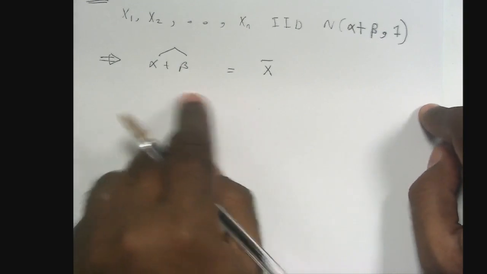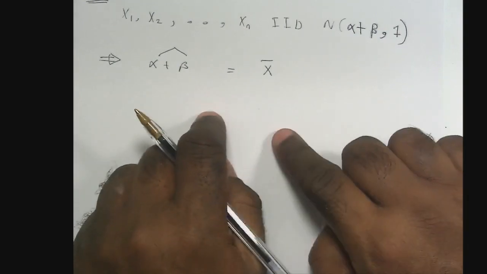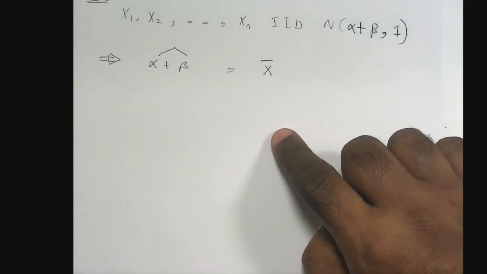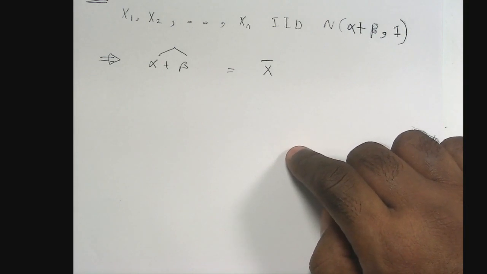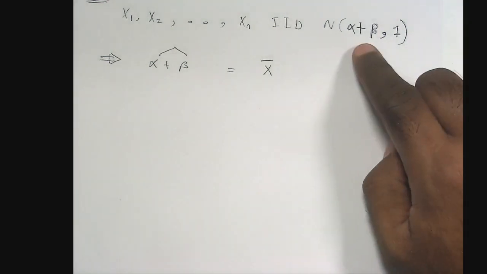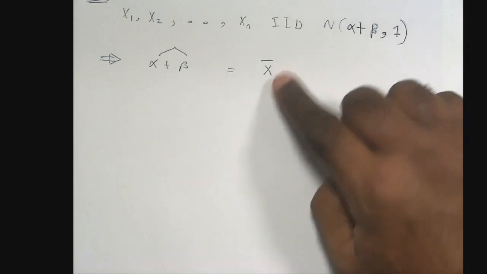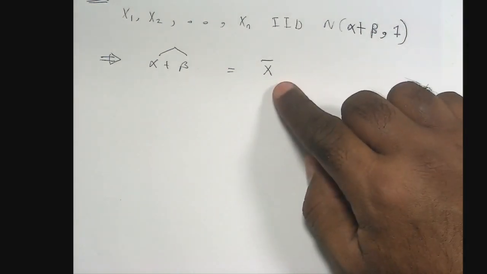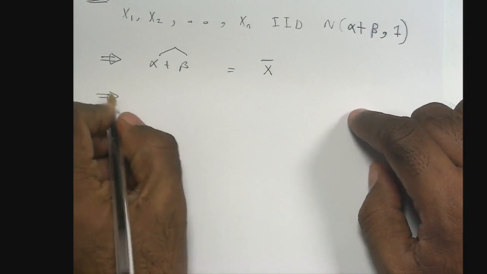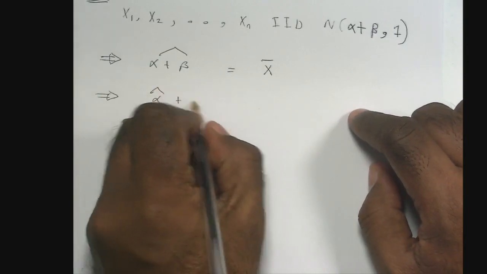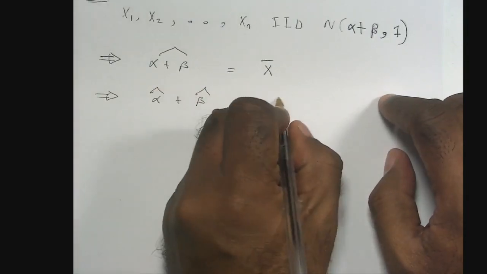Remember one of the questions I did in the lectures was that if you have a random sample from a normal distribution, the MLE for the mean parameter is equal to the sample mean. So in this case, the MLE for alpha plus beta is equal to x bar, and this implies that the MLE for alpha plus the MLE for beta is equal to x bar.